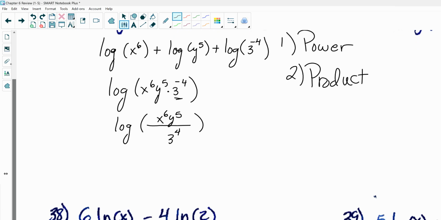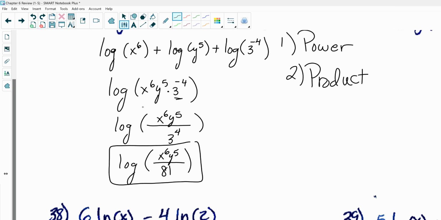We're almost done. There is one last thing, but any questions on how we got to this point here? Because the only thing we have left to do is 3 to the 4th. Is it a nice number? We can plug it in the calculator. It is 81.